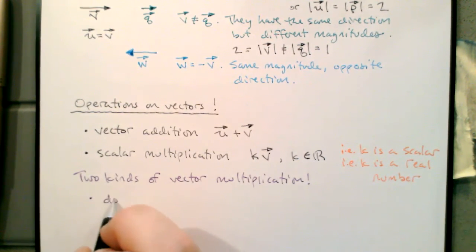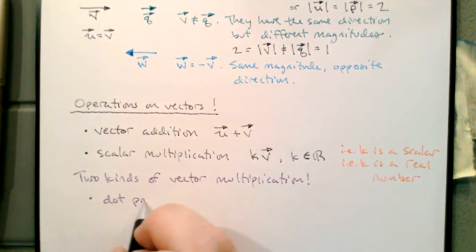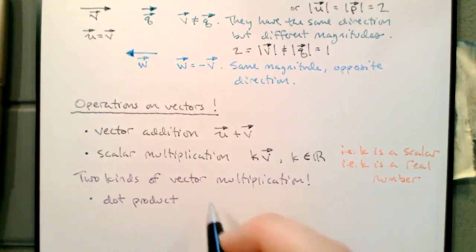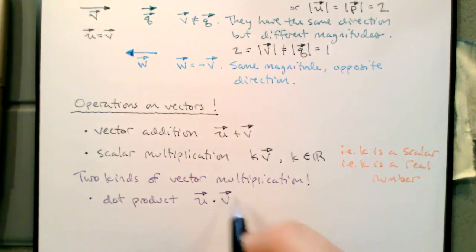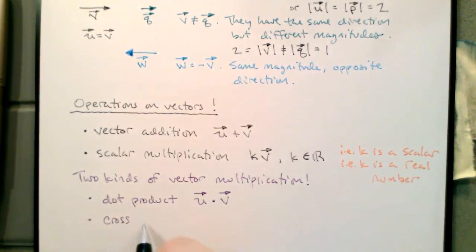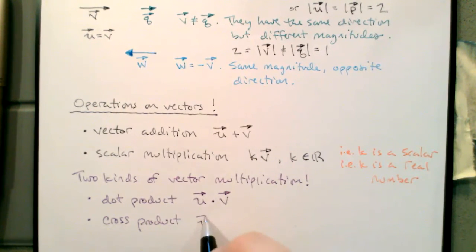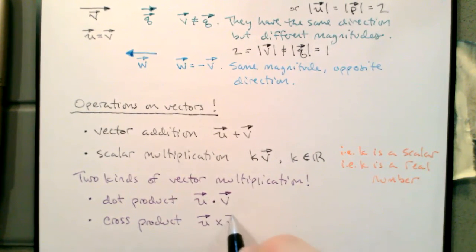One called the dot product, or the scalar product, that would be written as u dot v, and one called the cross product, which is a vector product, where we write u cross v.